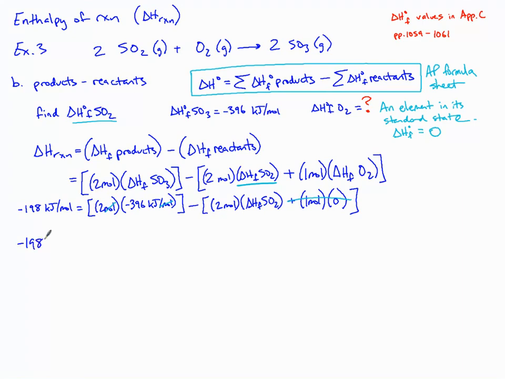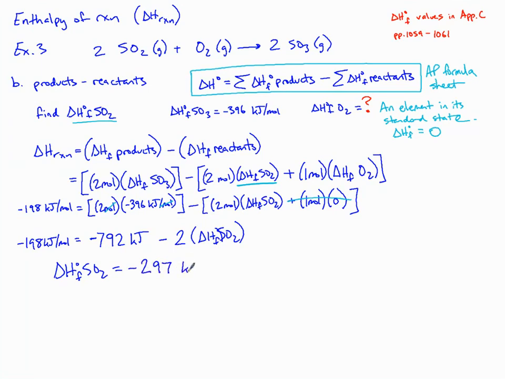So negative 198 kilojoules per mole equals... all right, so once you solve for everything, you'll find delta HF for SO2 equals negative 297 kilojoules per mole.